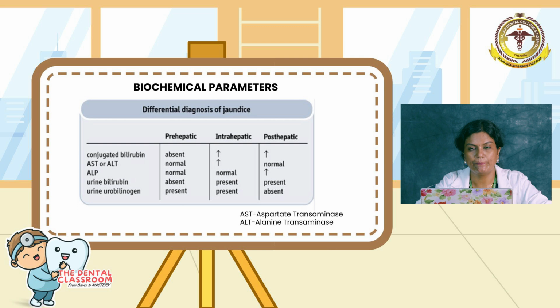Urine bilirubin will be present in case of hepatic jaundice and posthepatic jaundice, whereas it will be absent in prehepatic jaundice. And the urobilinogen in urine would be present in prehepatic as well as intrahepatic jaundice, and it will be absent in posthepatic jaundice. So, this we call as differential diagnosis of jaundice using various biochemical parameters in addition to Van den Bergh test.